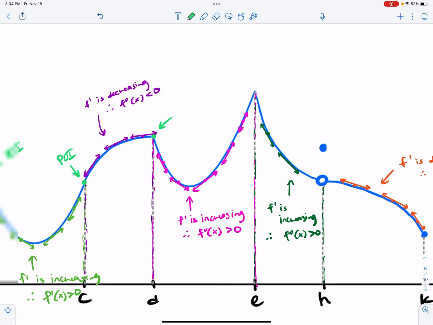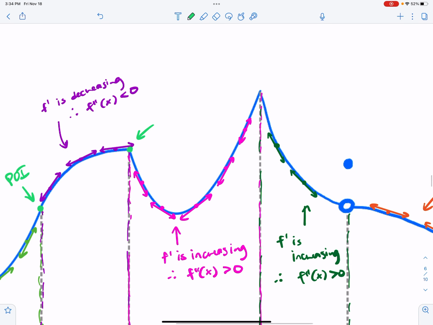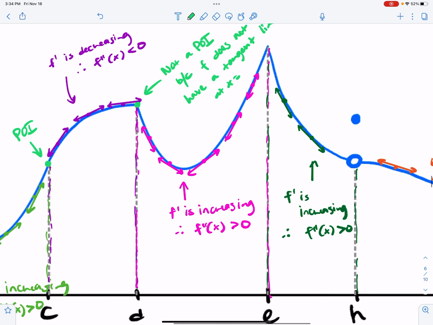So we would call D a cusp, and we would say it's not a point of inflection because f does not have a tangent line at x equals D.